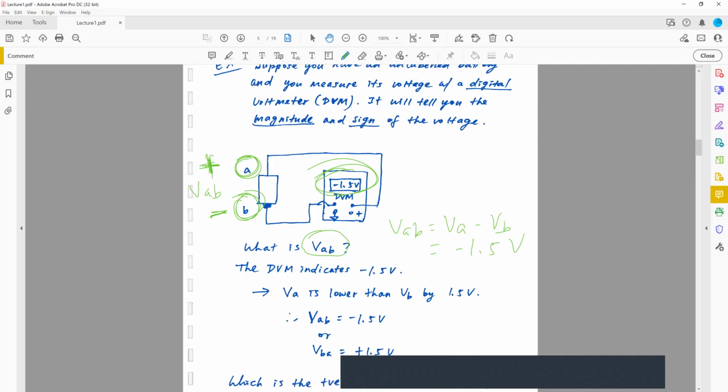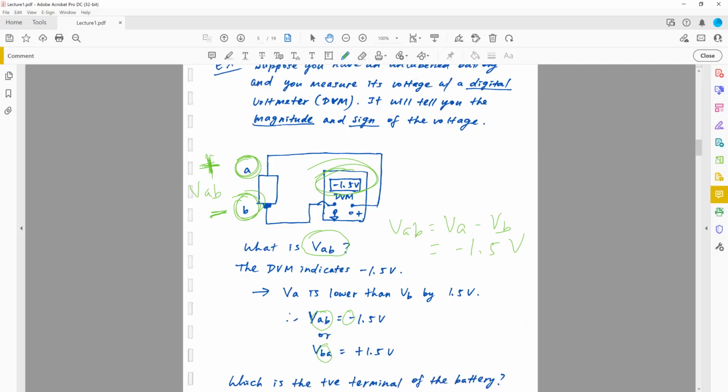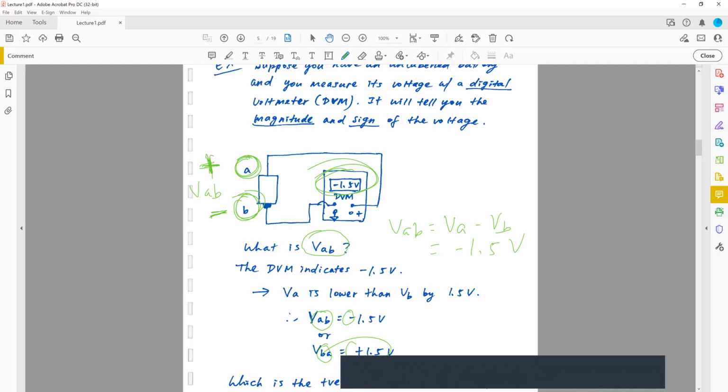All I did here was change the subscript and reverse the sign. Instead of AB, I changed it to BA. Instead of minus, I changed it to plus. Minus 1.5 volts gives me plus 1.5 volts. So again, this shows you that VB is higher than VA by 1.5 volts.